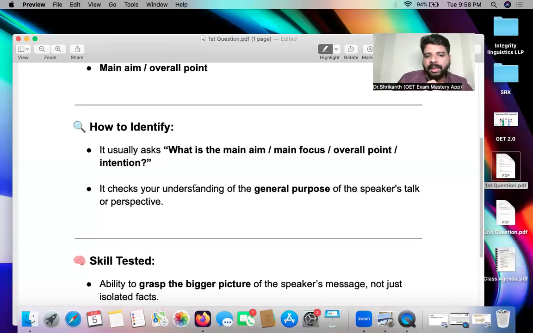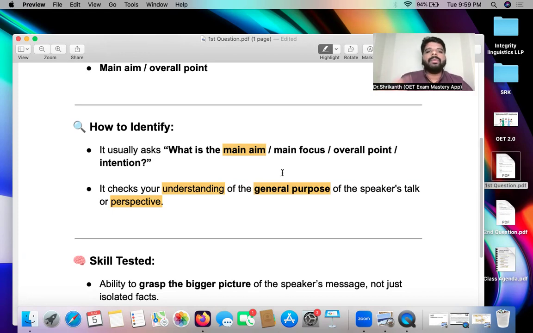Now, what is this question checking? This type of question is checking your understanding of the general purpose. You have to listen not only to the speaker's words, but to the perspective of the speaker. When a person is speaking, they will not say, this is my main aim. They will not repeat the same words from the question in the audio.